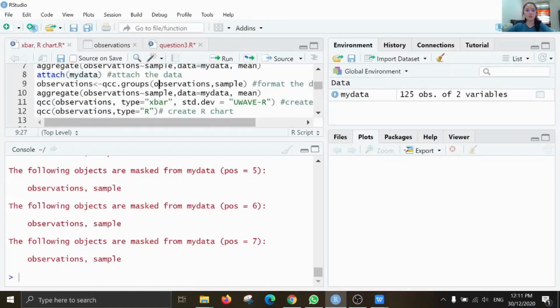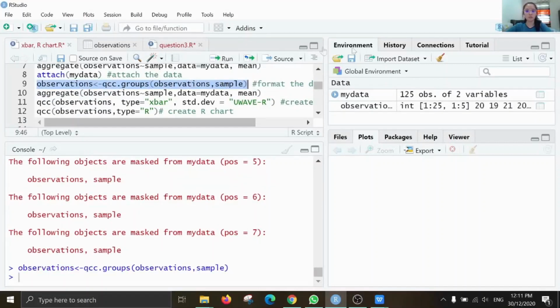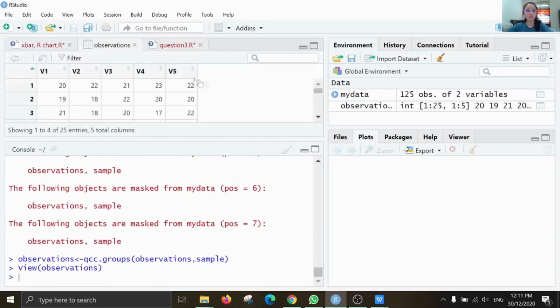To format the data, we need to use qcc.groups. When you run it, you can see that there are 5 columns and 25 rows, which means that sample 1 contains 5 observations, sample 2 contains 5 observations, and so on.